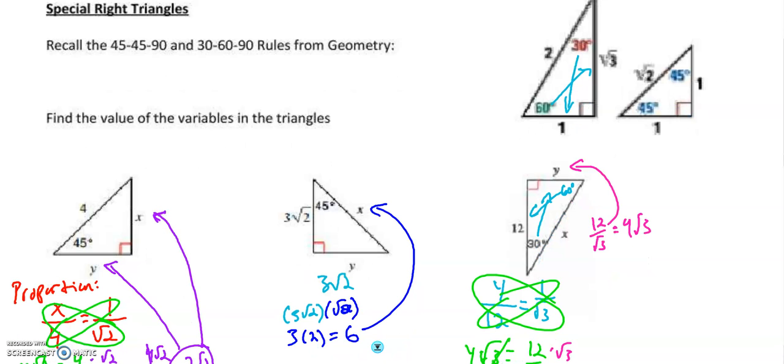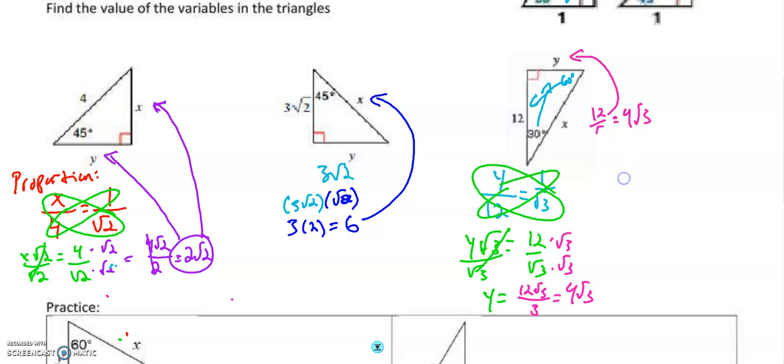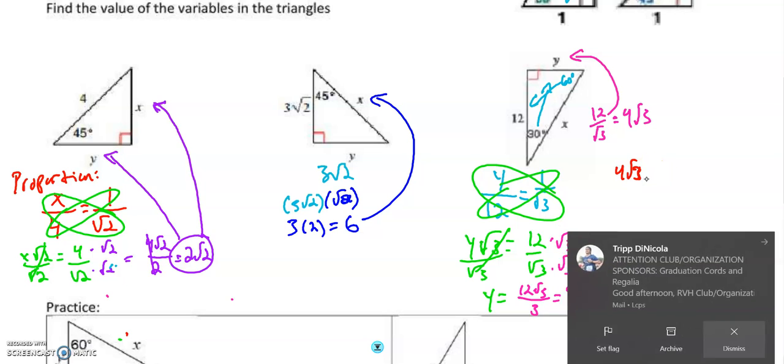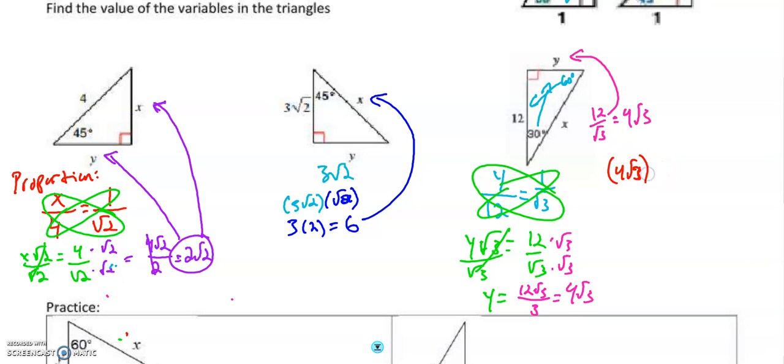So to find x, again, as I was saying, what you can do is take 4 radical 3 and multiply it by 2, which gives you 8 radical 3. And that goes for x there.